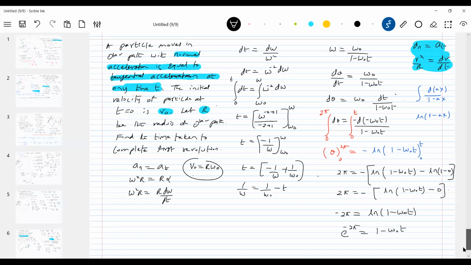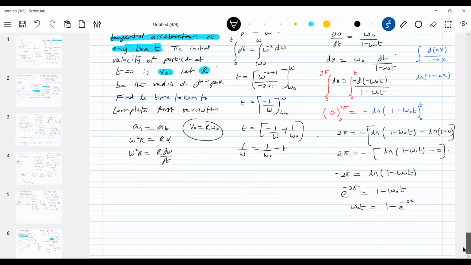So what is the value of t now? This T will be equal to, I'll write it here, T should equal to 1 by omega naught, 1 minus e to power of minus 2 pi.